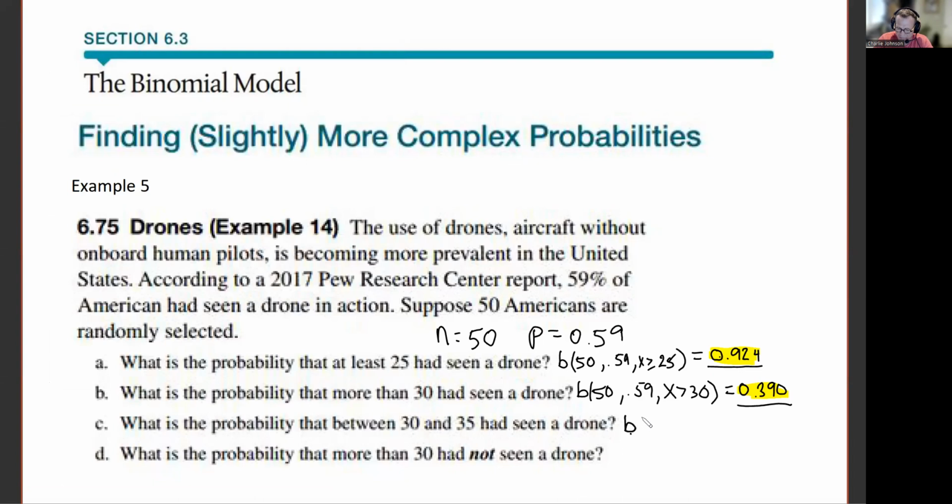So what we'll be looking for is the binomial probability of 50 trials, probability of success of 0.59. This time we're going to say that we want it to be between 30 and 35. In this case, I'll assume that that means that we're going to be including 30, 31, 32, 33, 34, and including 35. And like I said, luckily for us in StatCrunch, we can change that.